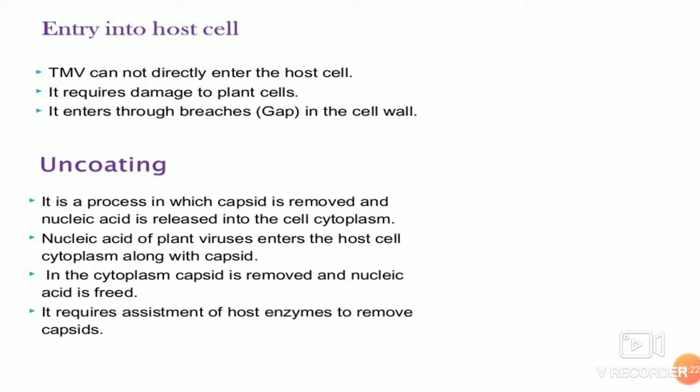If the virus is in the extracellular environment, these capsid proteins interact with calcium ions or protons, and they form a stable structure where their negative groups are not interacting, and destabilization does not occur.